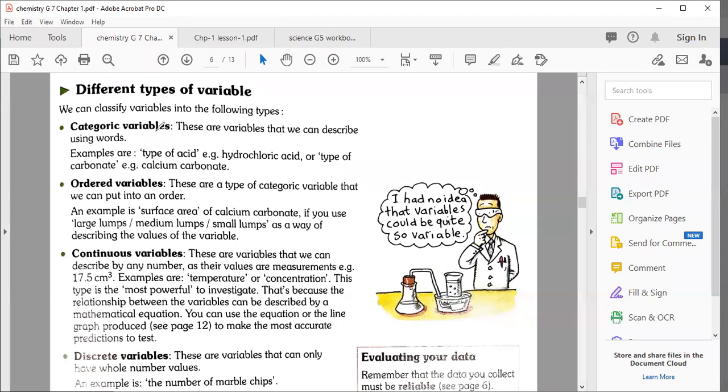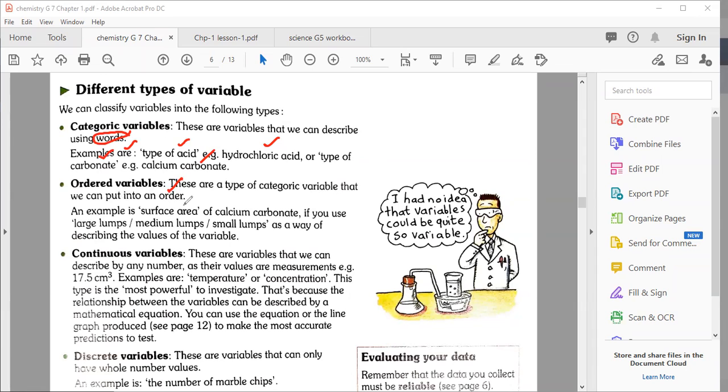Number one, categoric variable. These are variables that can be described using words, such as types of acids, hydrochloric acid, or types of carbonates, calcium carbonate. Ordered variable. These are types of categoric variable that we can put into an order.